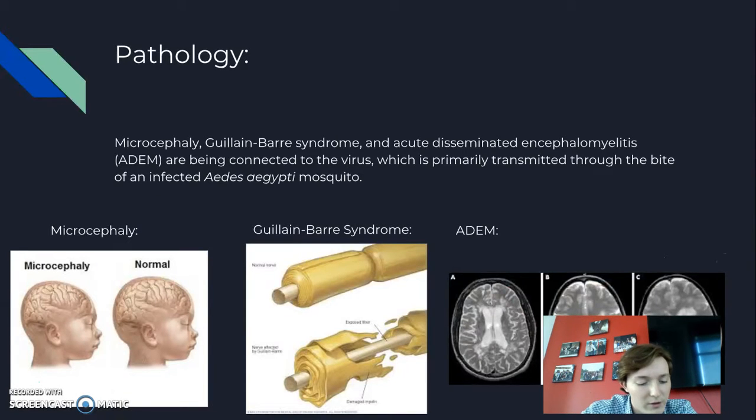And then moving on to the pathology of the actual disease, microcephaly, Guillain-Barré syndrome, and ADEM are being connected to the virus, which is primarily transmitted through the Aedes aegypti mosquito. And then going into the actual description of each of these diseases, microcephaly is a condition where a baby's head is much smaller than expected.